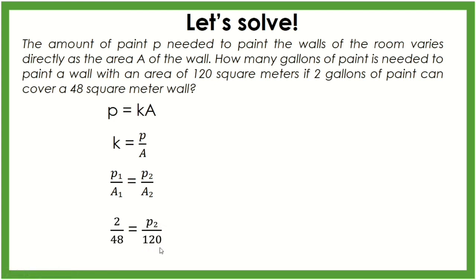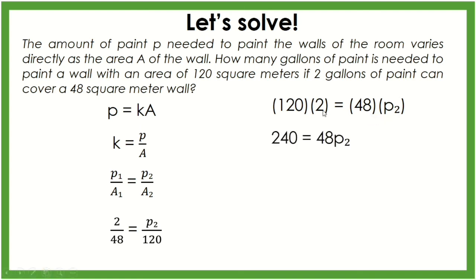And then, we cross-multiply. We have 2 times 120 or 120 times 2 equals 48 times P sub 2. Okay, multiply 120 times 2 is 240. And then 48 times P sub 2 is 48 P sub 2.